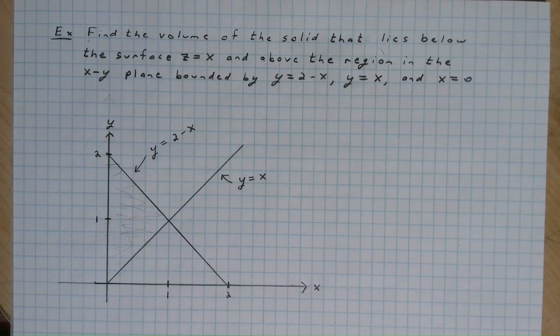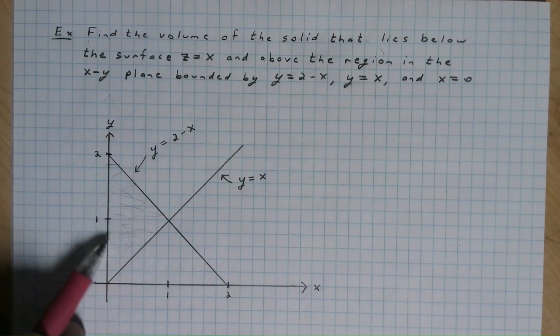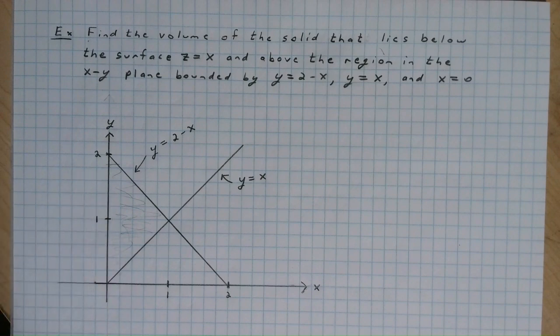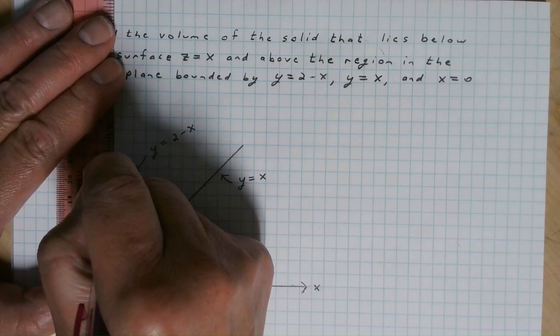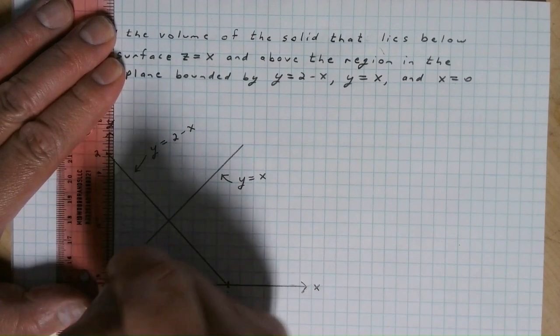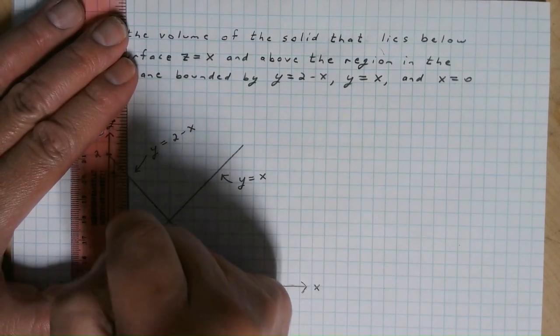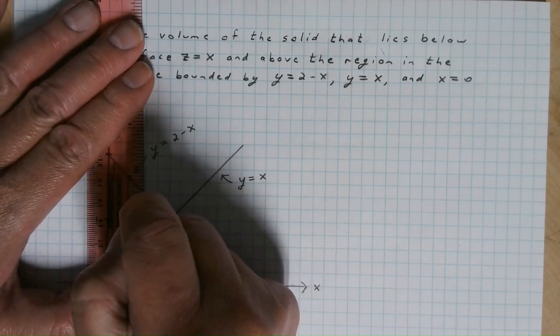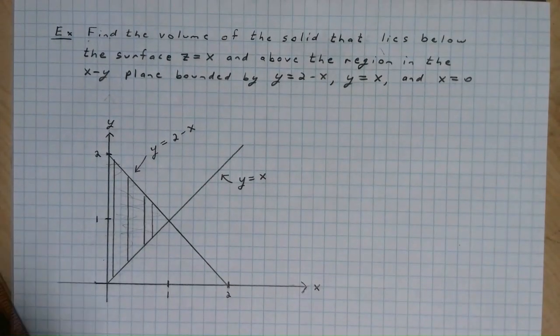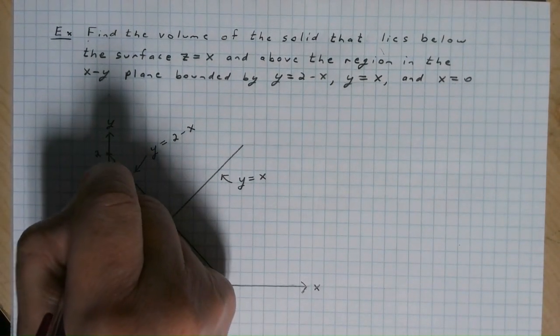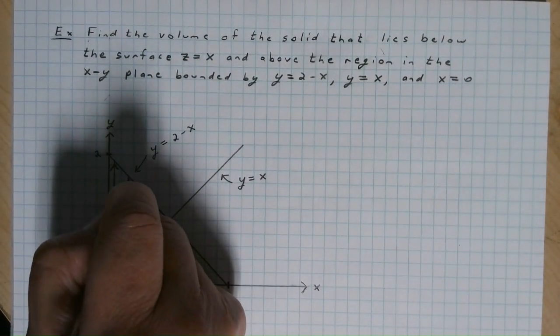If we integrate with respect to y first, the best way to visualize that is to draw arrows within our region in the positive y direction. In other words, have them go like this, and we'll put arrows up here.